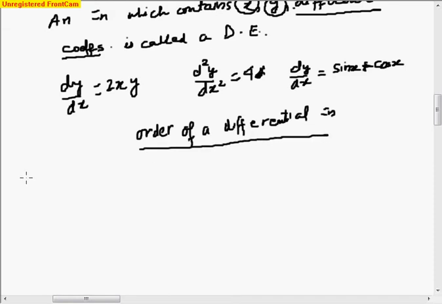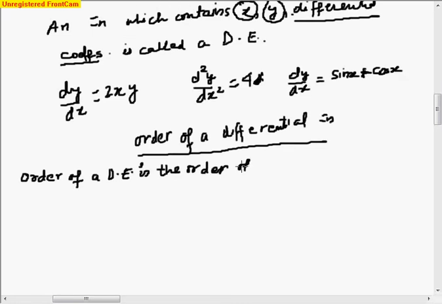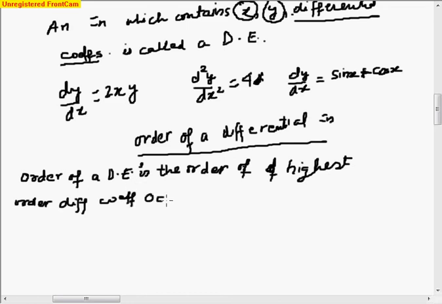The order of a differential equation is the order of the highest order differential coefficient occurring in the differential equation.